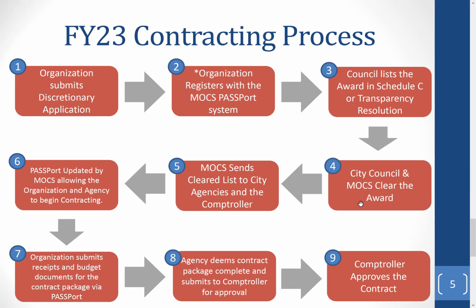Now, the cleared list is something that Mox produces, and it goes with our funding. So once we adopt the budget, or as I mentioned, sometimes we do designations in what's called the transparency resolution. Once we either adopt the budget and release Schedule C, or vote and approve a transparency resolution, the city council reviews all their funding.